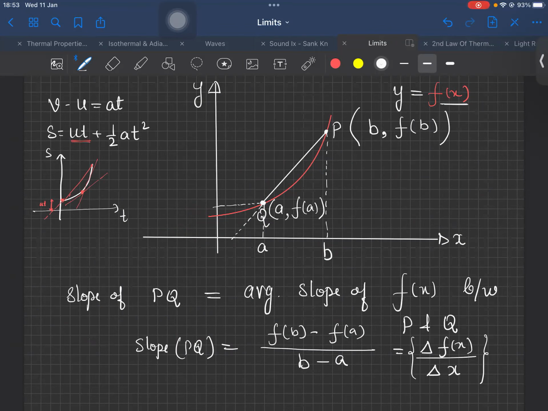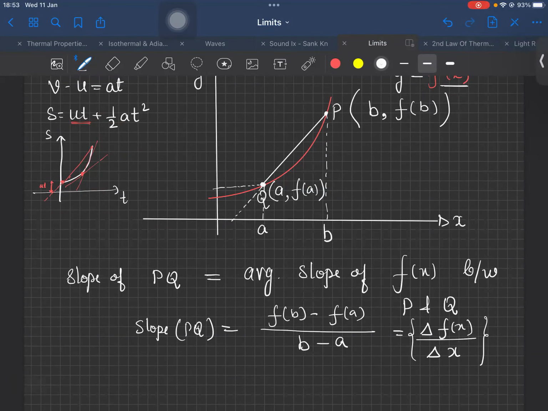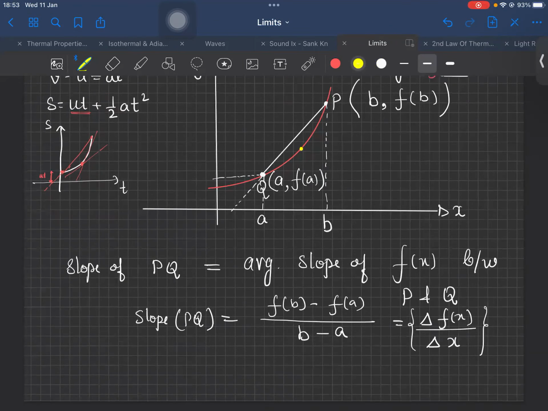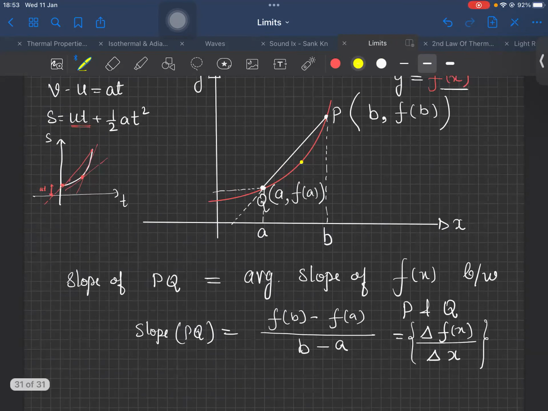Now if you have to find the change at one particular point, we have understood as of now that slope means change in the y variable with respect to change in the x variable in the xy plane. Right now we are only talking about the xy plane. First, if we can understand using the xy plane, we can understand other variables or properties.